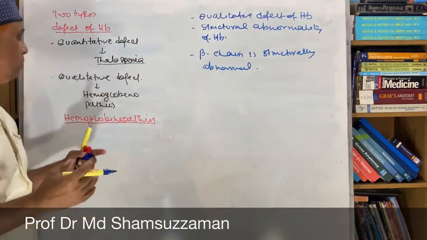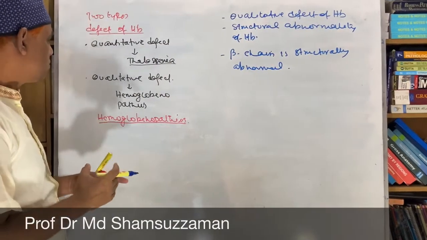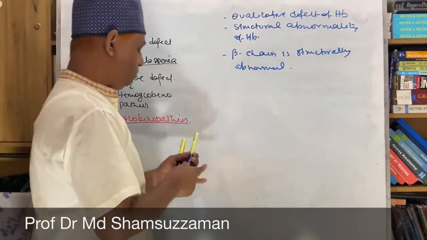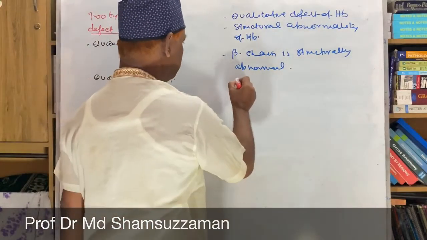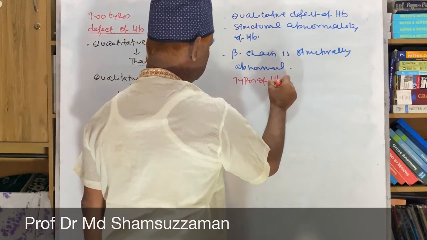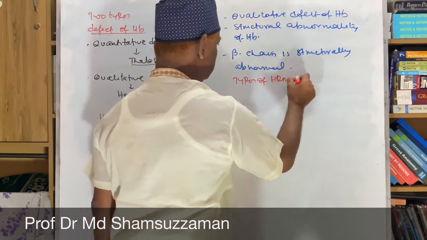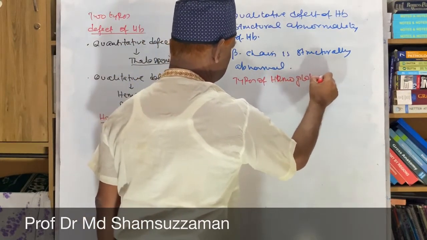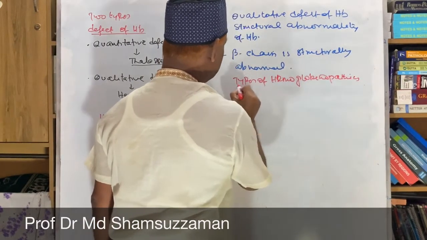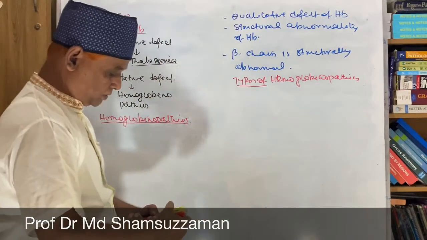Now come to the different types of hemoglobinopathies. There are four types of hemoglobinopathies.